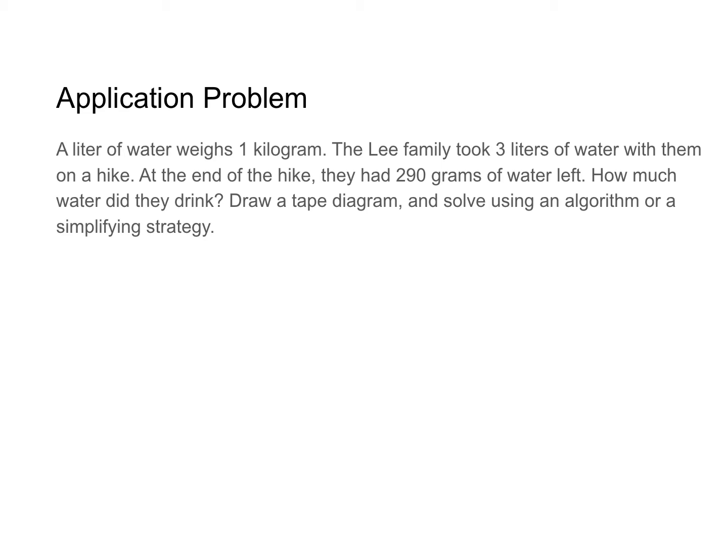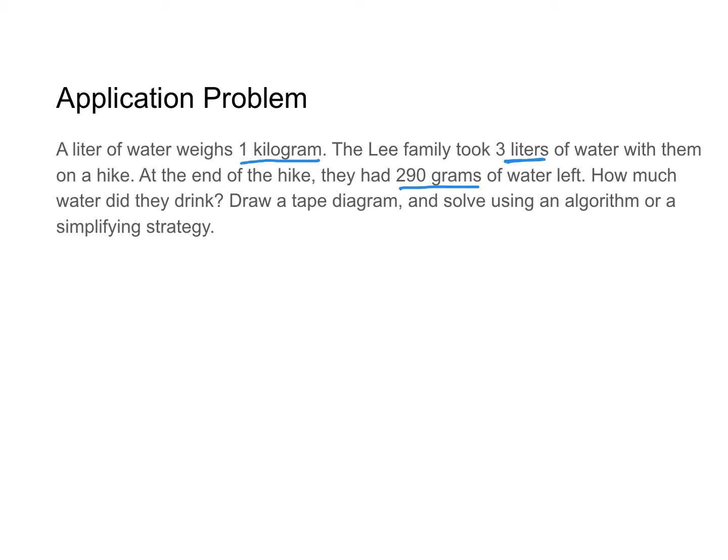As I am looking at this, I see a problem. I see that they took 3 liters of water, but they had 290 grams of water left, and grams and liters are not the same. However, they did tell us that 1 liter weighs 1 kilogram.